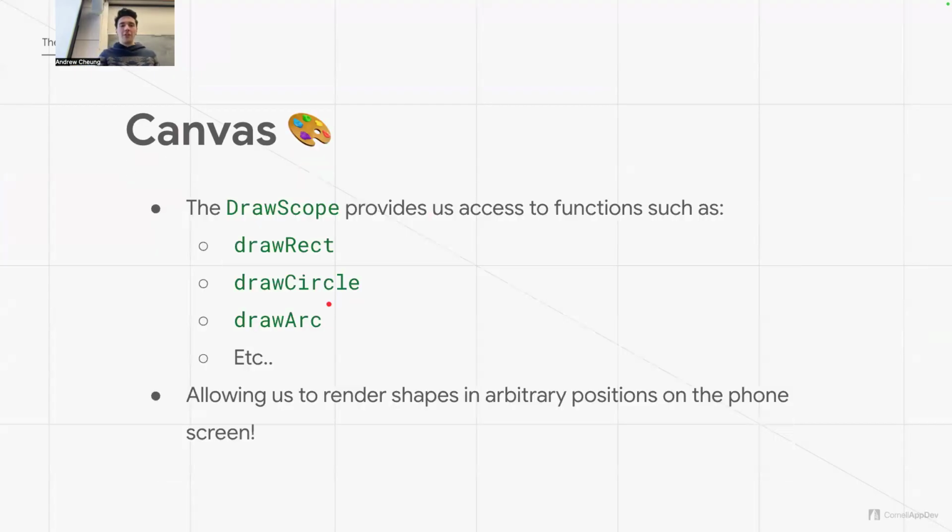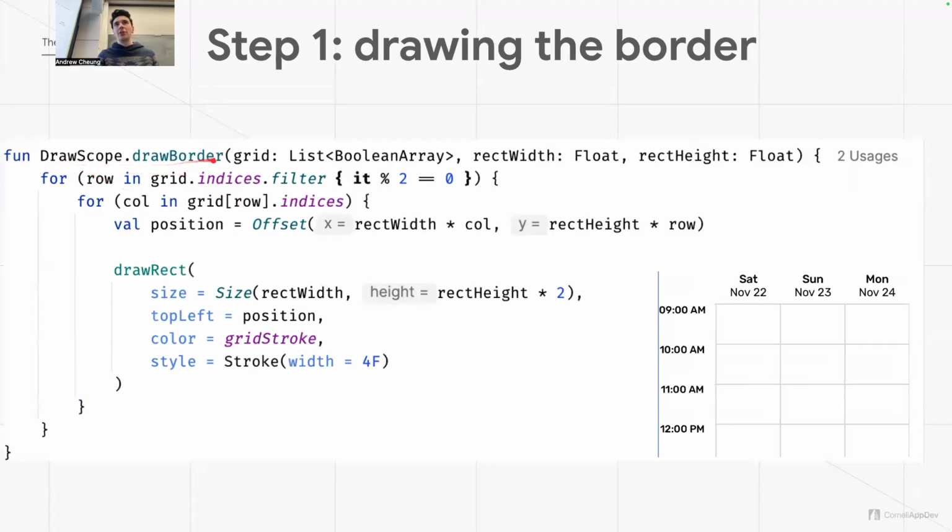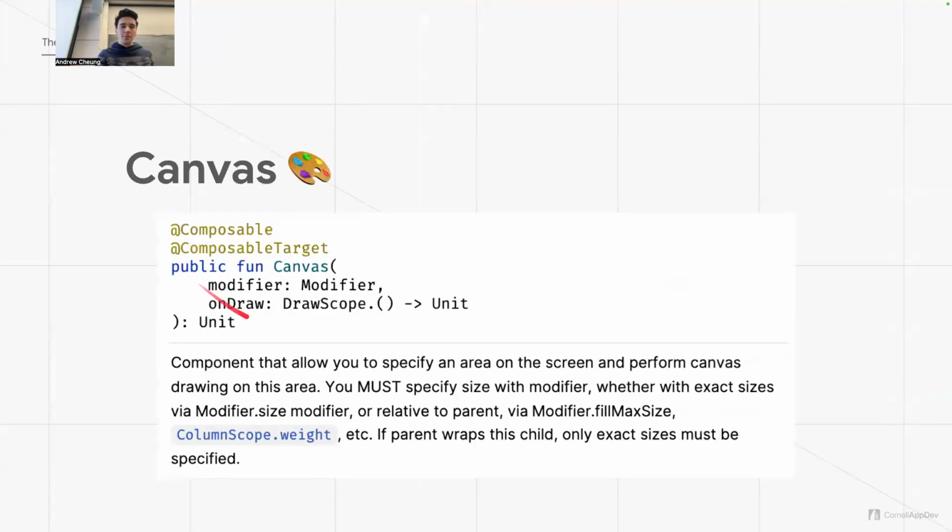So if we want to call functions in onDraw, they have to be written in DrawScope. And if you remember extension functions, they let us write functions as if we're writing them as a member of the class. When we're a member of the class, we have access to all of the class's methods. So DrawScope has all of these methods like drawRect that we have access to. And yes, we're taking this extension function on DrawScope as a parameter. Good questions, very good questions today. Any more?